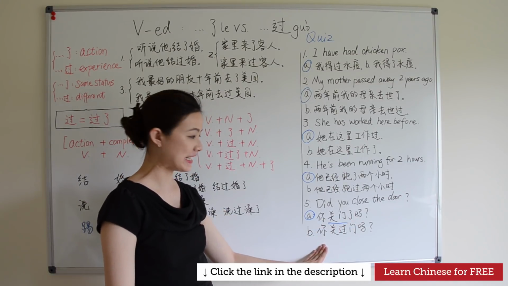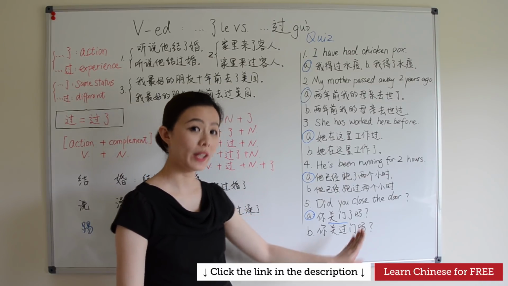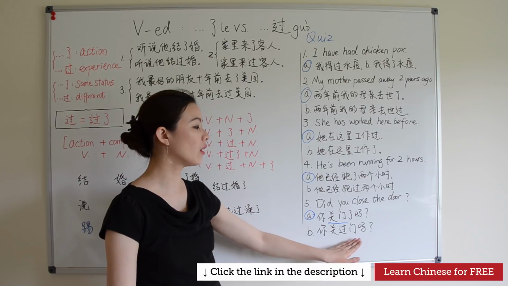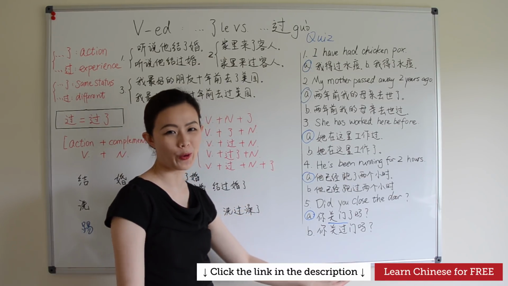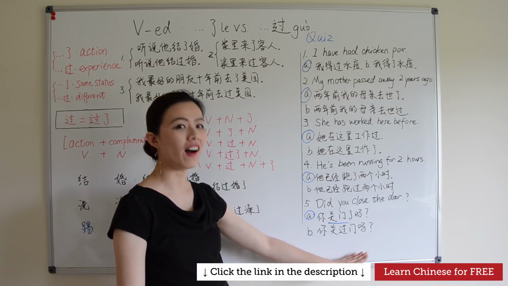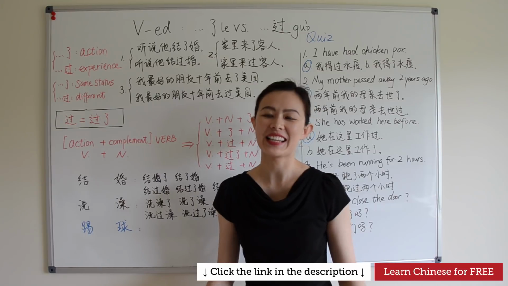And for this sentence, other than 你关过门吗 we can also say 你关过了门吗 or 你关过门了吗.